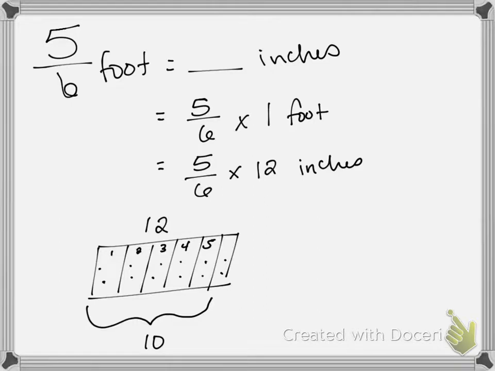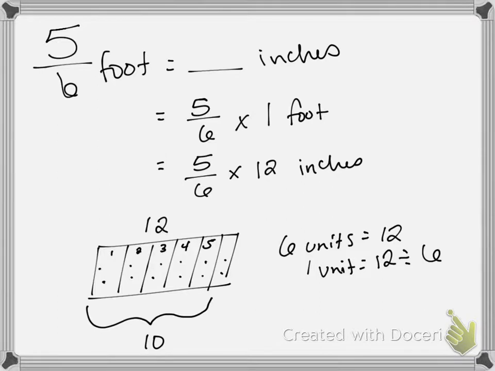We can also say that 6 units equal 12, because 6 of these do equal 12. So 1 unit equals 12 divided by 6.